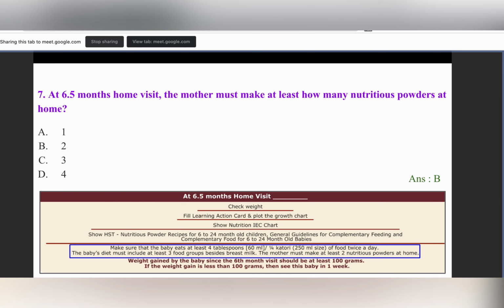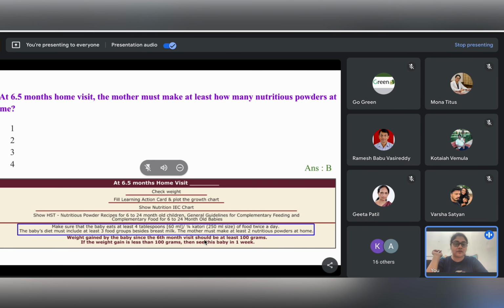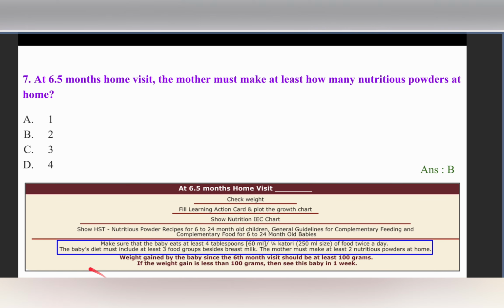We have discussed just a couple of minutes back how many food groups should be there in a 6.5 months child's diet apart from breast milk. Please remember, it is 3, and we have also discussed how we are getting those 3. So the baby's diet must include at least 3 food groups besides breast milk, and the mother must make at least 2 nutritious powders at home.